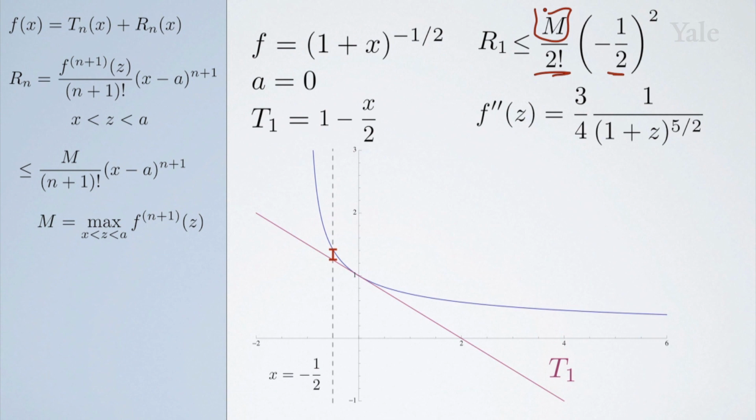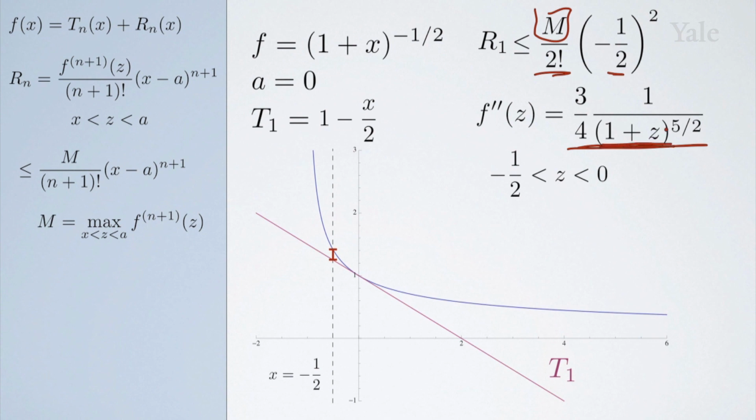And we've got a nice statement of our second derivative here by considering what is the worst case scenario for values of z in between negative 1/2, our point of approximation, and 0, the center of the Taylor series. And so this is where you have to do a little bit more analysis of the second derivative. I can point out that it in fact is a decreasing function.